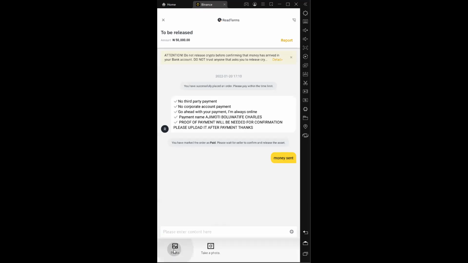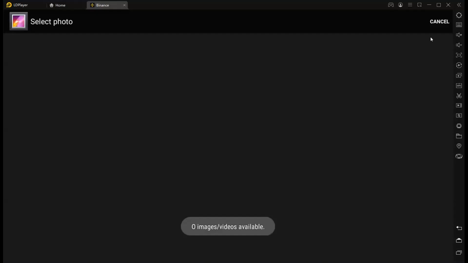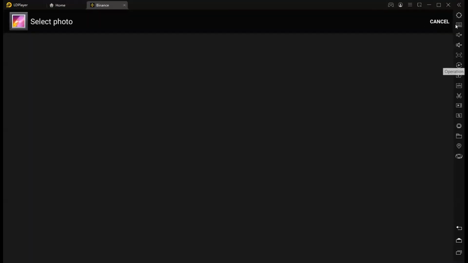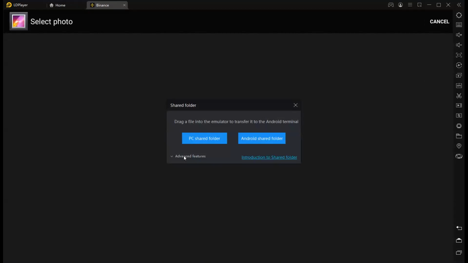Those are the people you need to check before you buy or sell. But for you that want to buy or sell, it's not needed. You don't need to have any of those numbers before you can run any of those transactions.